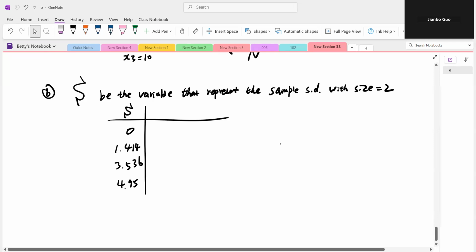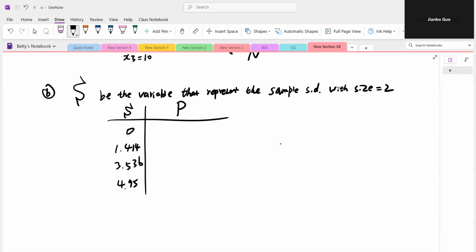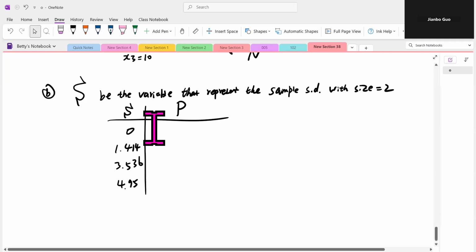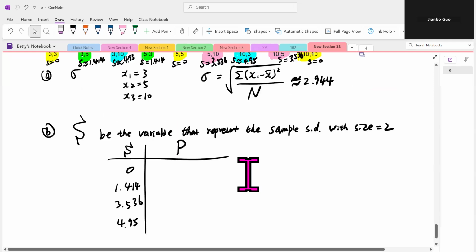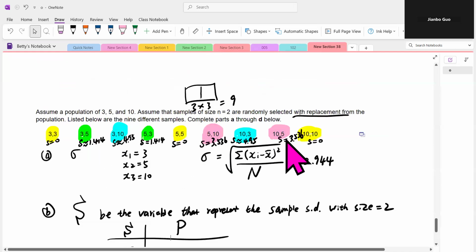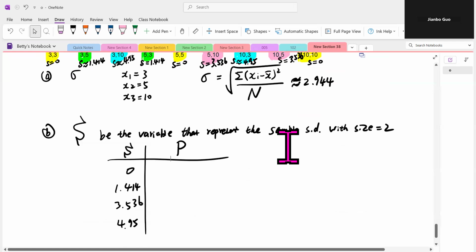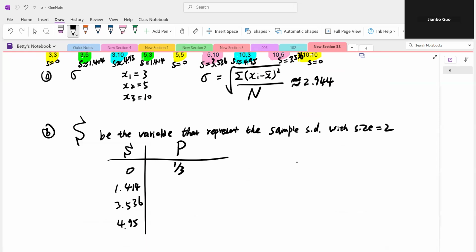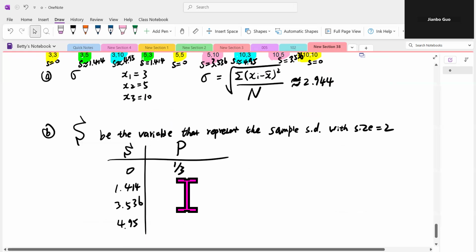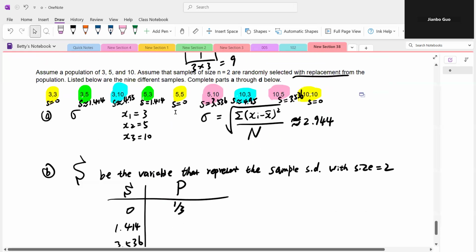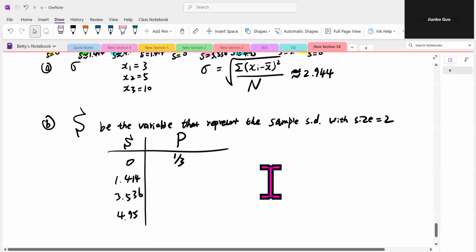Okay, what's the probability? We are creating the probability distribution table for the random variable S here. We have 9 samples in total, right? The yellow ones are 3, so 3 over 9 is a classical model. 3 over 9 is 1 over 3. And 1.414 appears twice, the green color, so 2 over 9.